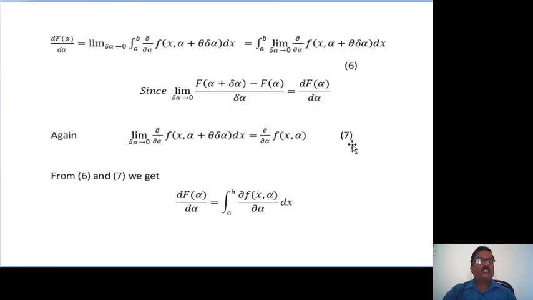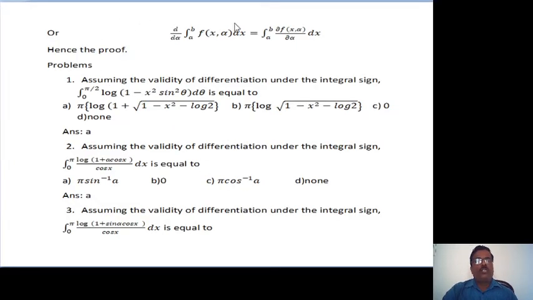Now call this equation 7. Now from equations 6 and 7 we write dF of alpha by d alpha is equal to integration from a to b dou f of x comma alpha by dou alpha dx, or d by d alpha of integration from a to b f of x comma alpha dx is equal to integration from a to b dou f of x comma alpha by dou alpha dx. So this is the proof of the theorem.